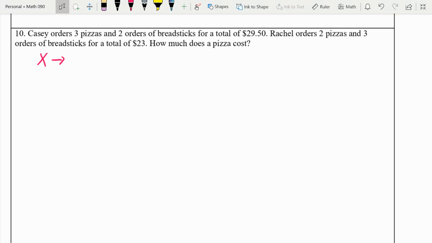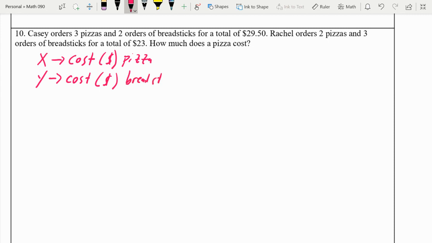I'll set this one up because I'll show you what to do first. X is the cost in dollars for the pizza, but I still need a Y value. This is going to be the cost in dollars for the breadsticks.